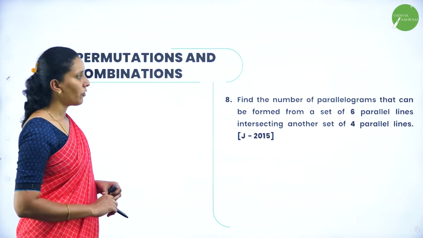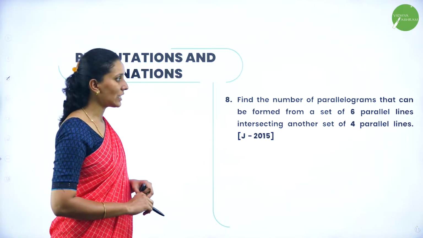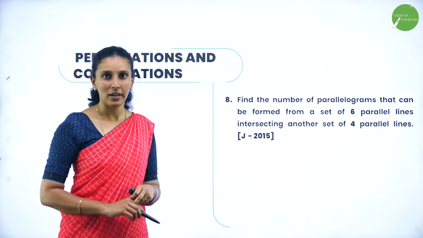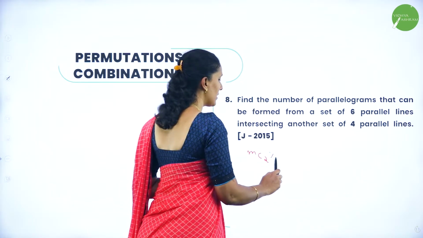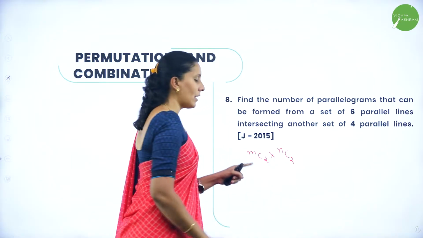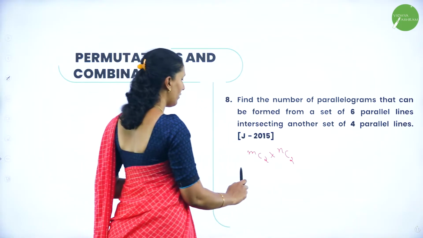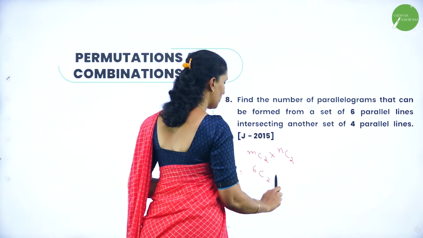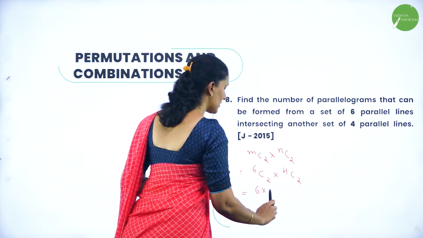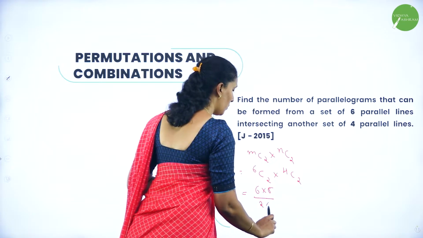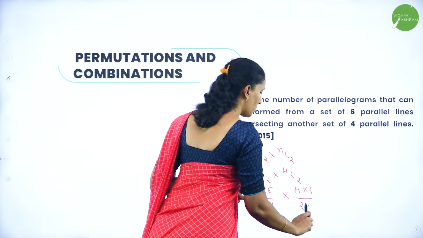Next, find the number of parallelograms that can be formed from a set of 6 parallel lines intersecting another set of 4 parallel lines. We have a formula, that is mC2 into nC2, where m lines intersect with n lines to form a parallelogram. So here I can take it as 6C2 into 4C2. 6C2 means 6 into 5 divided by 2 into 1. 4C2 means 4 into 3 divided by 2 into 1.